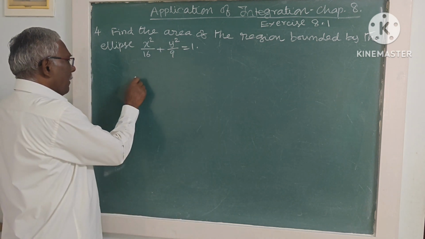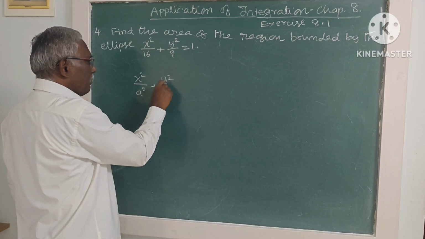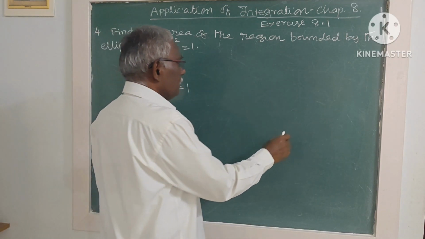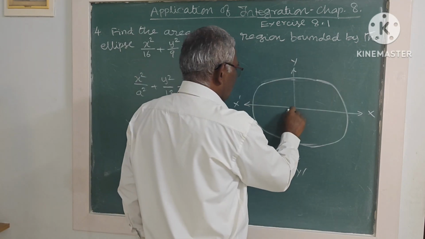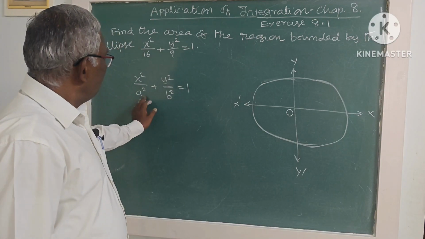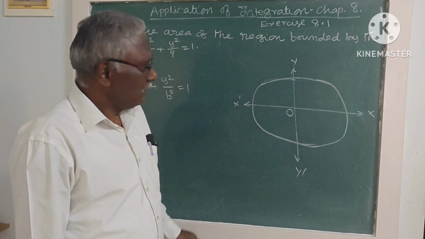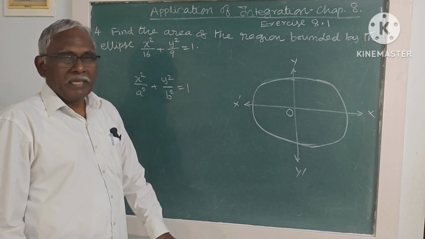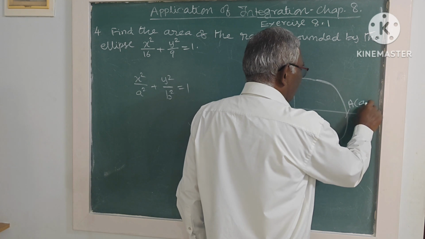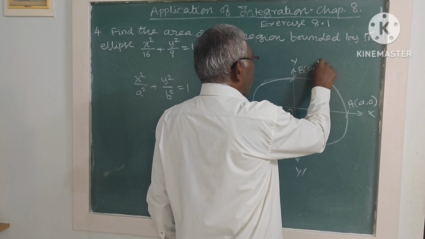So we know x squared by a squared plus y squared by b squared is equal to 1 is an ellipse with a major axis along the x-axis and minor axis along the y-axis if a is greater than b. In that case, this vertex is a comma 0 and this vertex is 0 comma b.